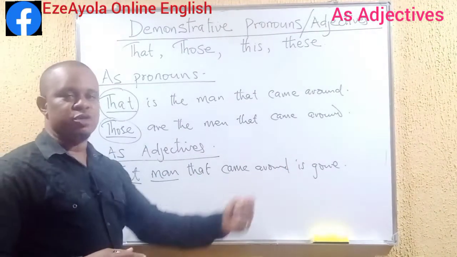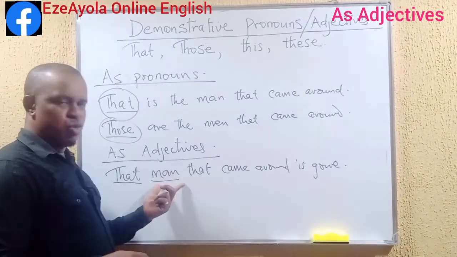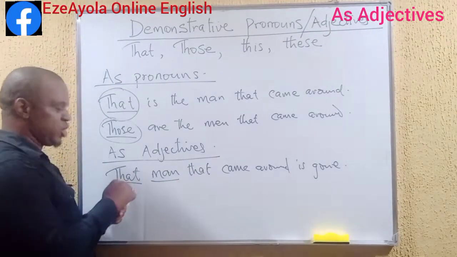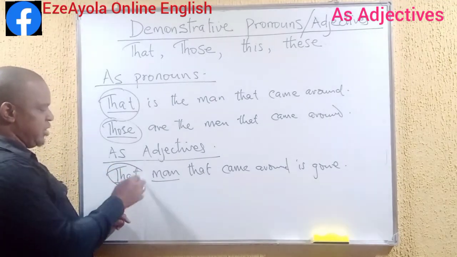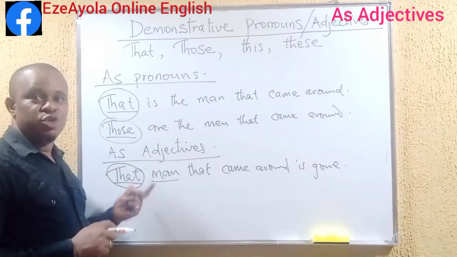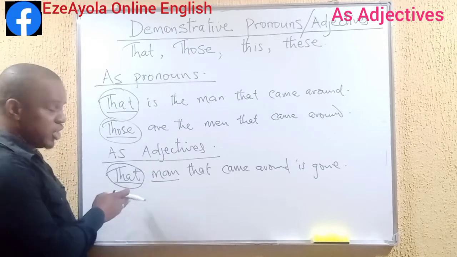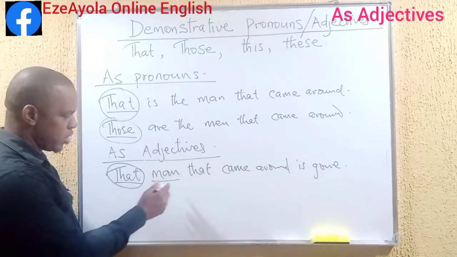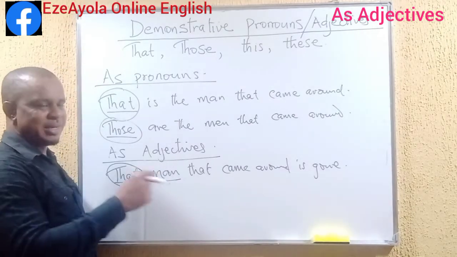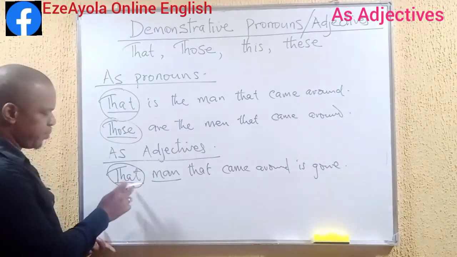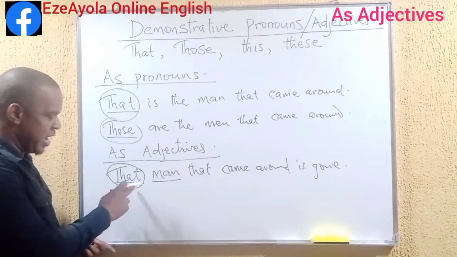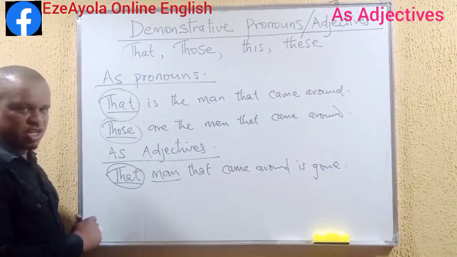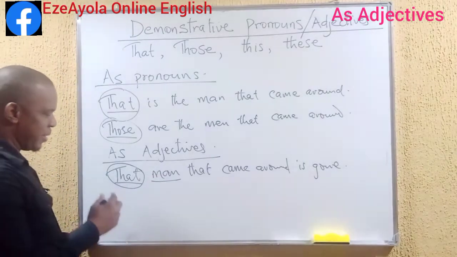The man that came around is gone. Now you begin to wonder, which man are you talking about? That man. You now notice that this that is no longer a pronoun. It is rather a demonstrative adjective modifying the man that came around. So here, it is no longer functioning as a pronoun, rather it is functioning as an adjective describing the man.